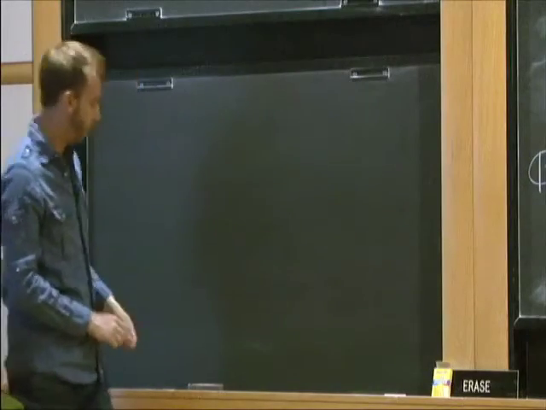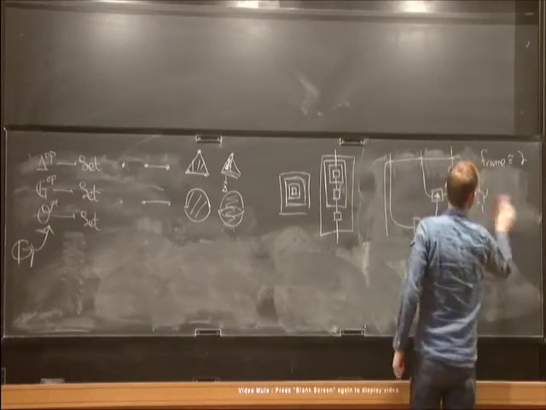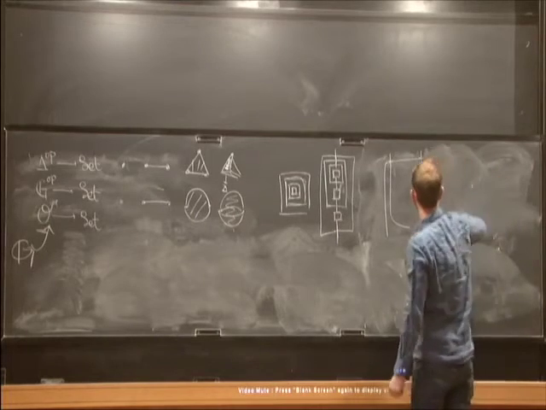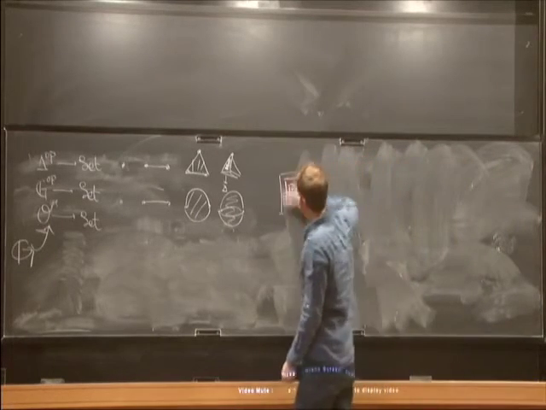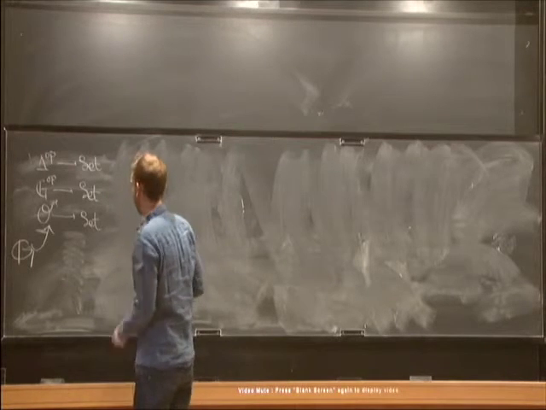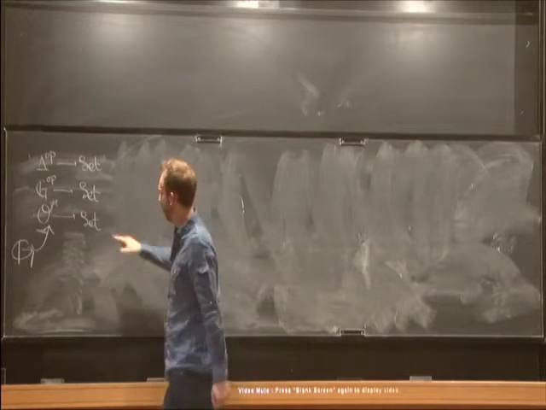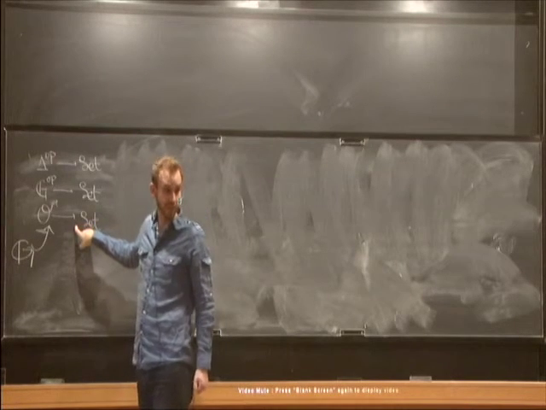Okay, so another way to say what I'm going to try to do is the following. So let me write set O for this category of functors.